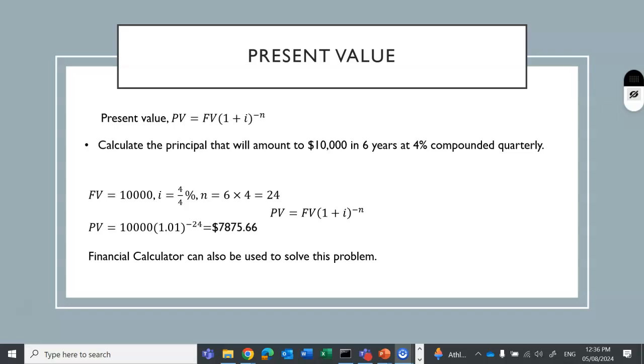So we can substitute in the formula and calculate. You will see that your present value is 7,875.66. That is, if you are investing $7,875 for 6 years at this rate, you will get $10,000 after 6 years. So let's see in the calculator how to calculate this.